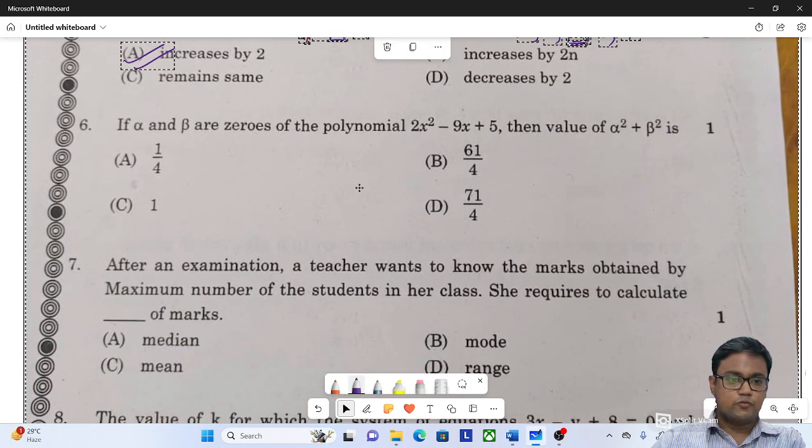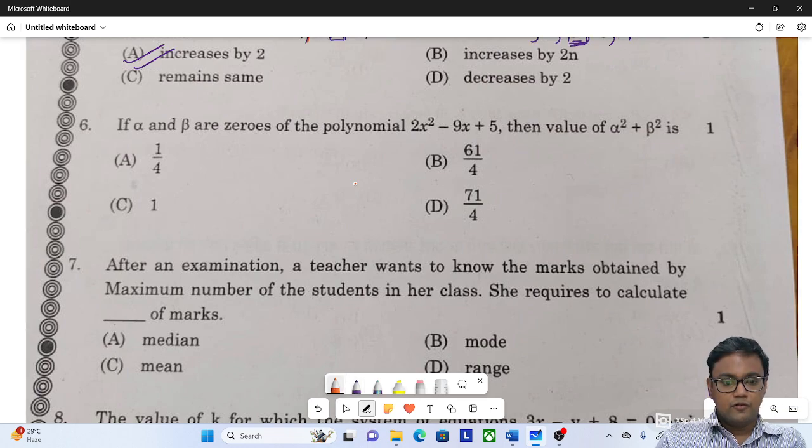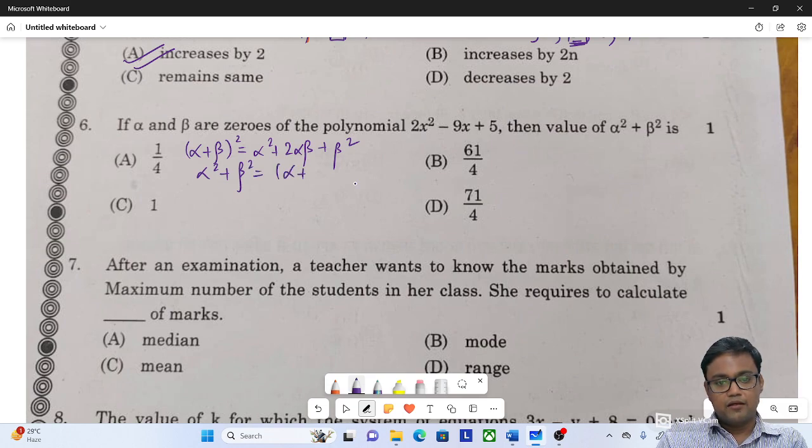Let us see the next question. If alpha and beta are the zeros of the polynomial, we have to find this expression. So, we know, children, that alpha plus beta whole square is alpha square plus 2 alpha beta plus beta square. Therefore, alpha square plus beta square is equals to alpha plus beta whole square minus 2 alpha beta.